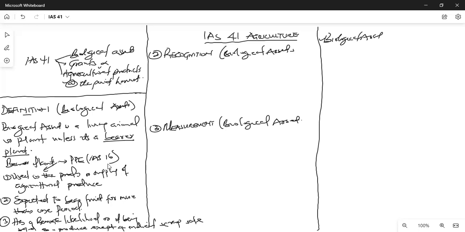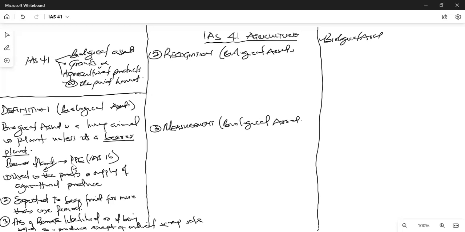This is a twist that has come into the standard. It did not used to be like that, but a review of the standard has brought this to play. So what you are supposed to know is that any biological asset, that is any living animal or plant, unless that plant is a bearer plant. Okay, and when we say a bearer plant, we are talking about a plant that is used in the production or the supply of other agricultural produce.